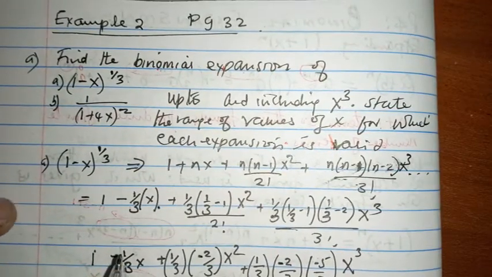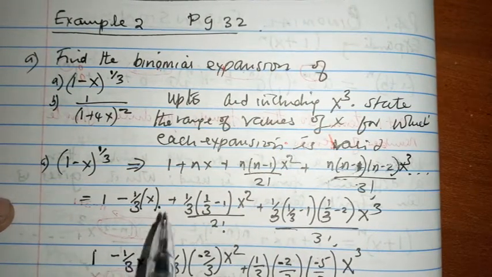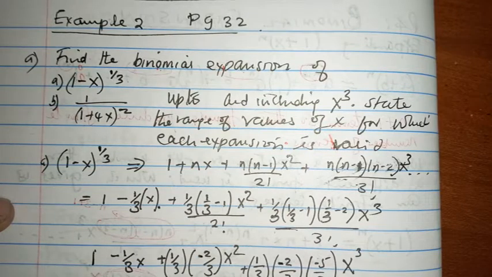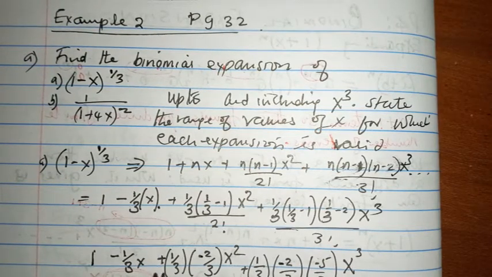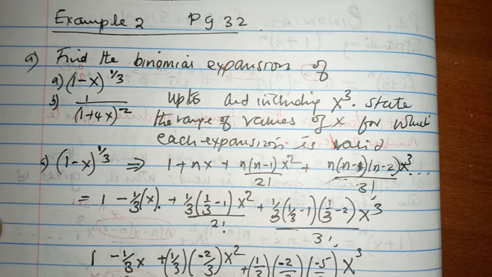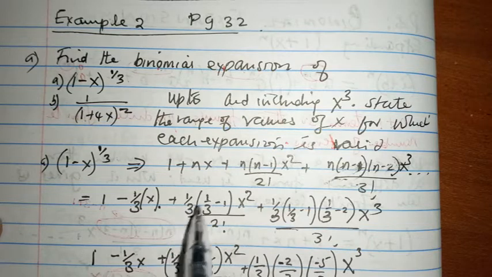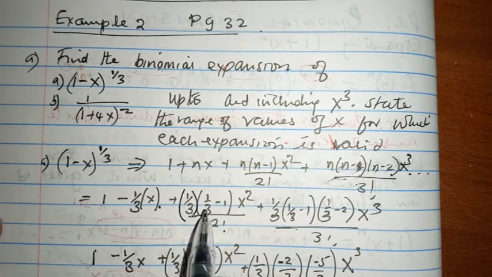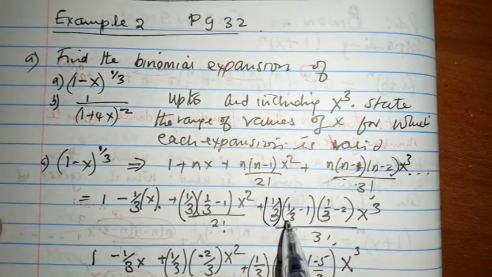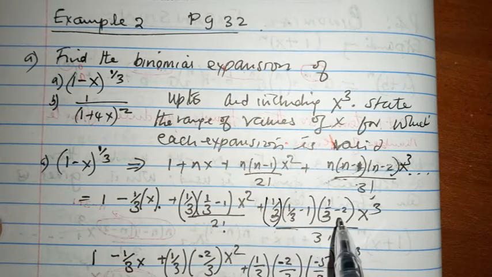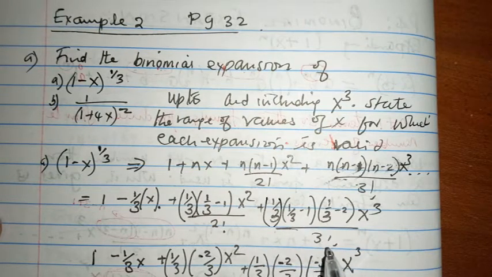And what we have here is our n is a third and our x is negative x, of course. So 1 plus a third times negative x, minus a third x, plus a third, which is n, then n minus 1 x squared over 2 factorial plus n minus 1, n minus 2, x cubed over 3 factorial.